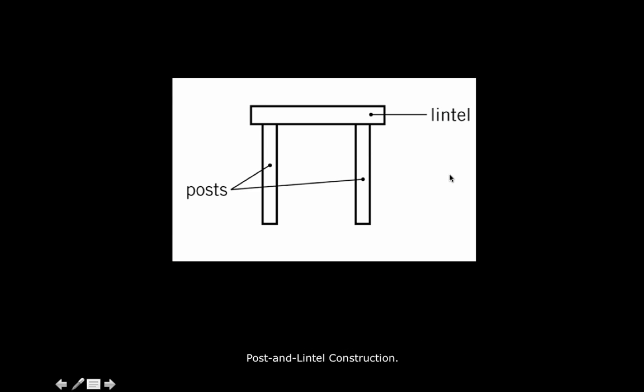So the basic construction of what we're going to look at next is this post and lintel construction, where you basically have 2 of these large megaliths topped by one on top. So these are your posts, the 2 on the side that are parallel to one another, and then the lintel is the piece that is parallel to the ground and perpendicular to the posts.